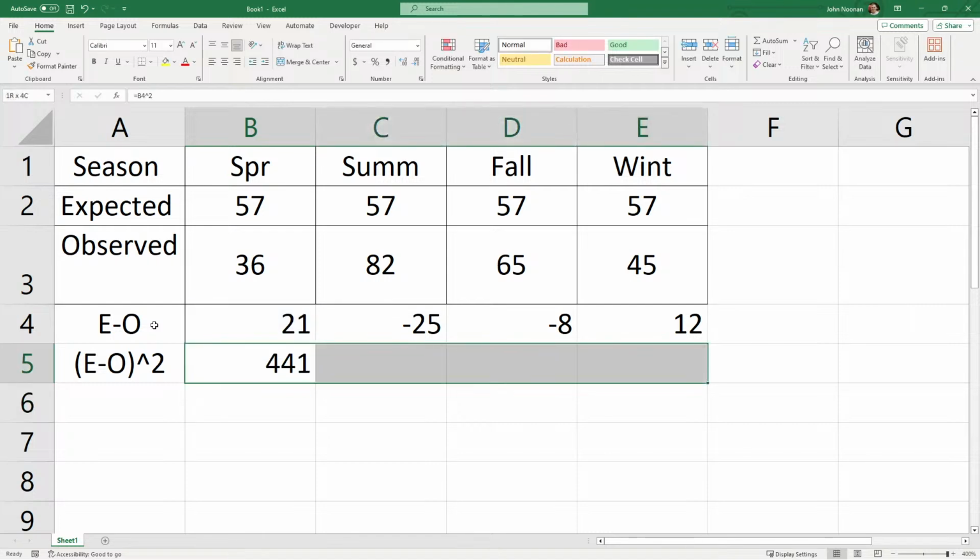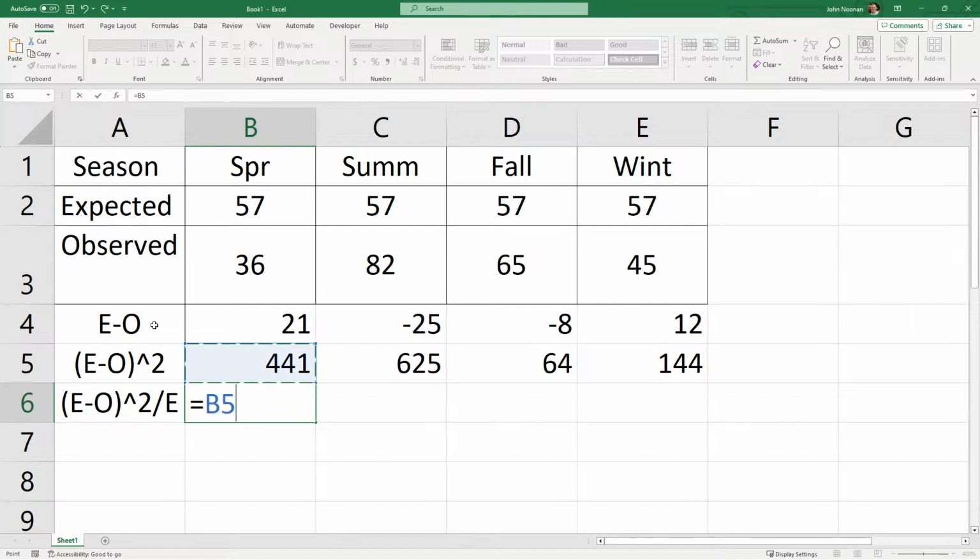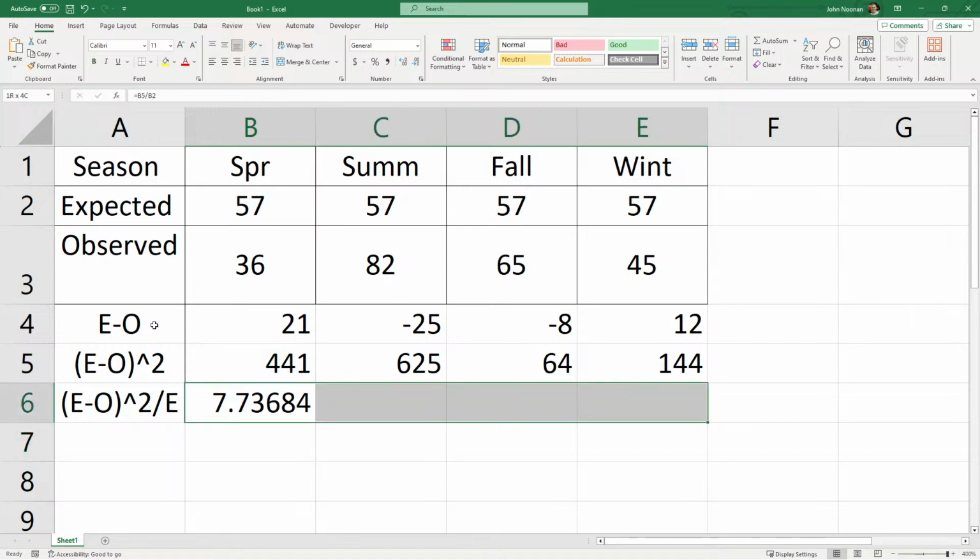If you need to, you can always watch the video again, and I'll get a few more views this time. And then this is going to be E minus O squared over E. So that's going to equal this number divided by the expected number, and then do this all the way across.